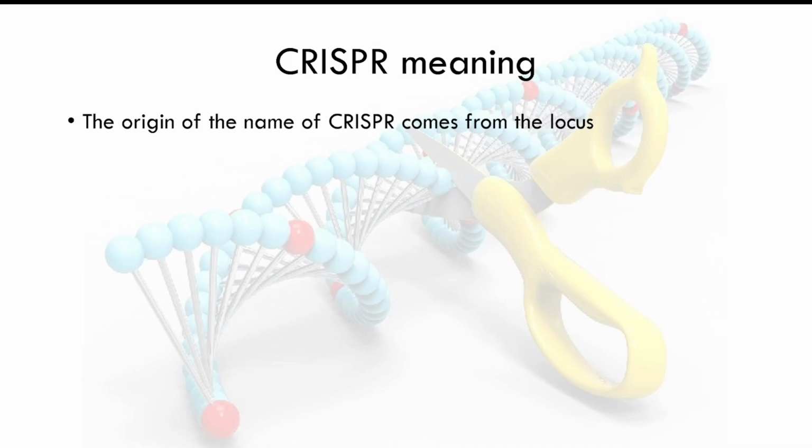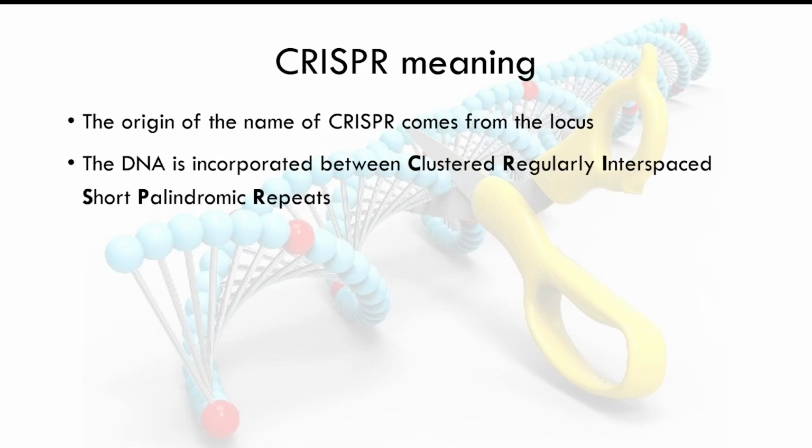So this is where we come into the CRISPR meaning. The origin of the name of CRISPR comes from that locus. The DNA is incorporated between clustered, so they're all clustered together, regularly interspaced, short palindromic repeats.